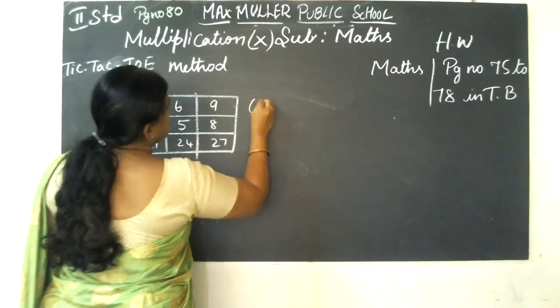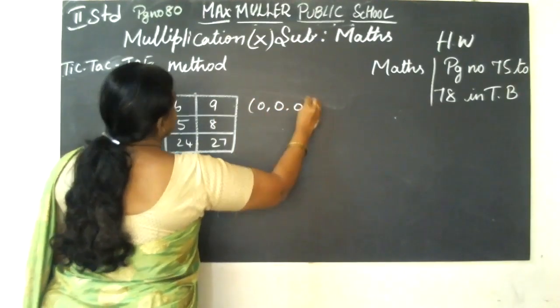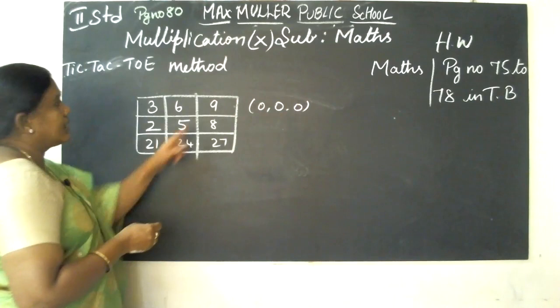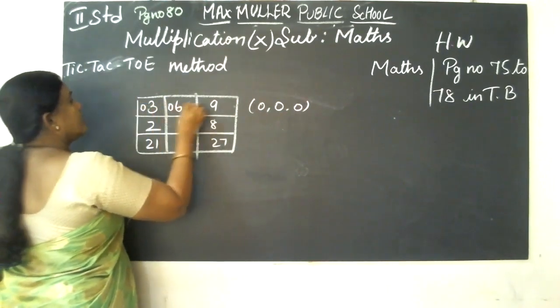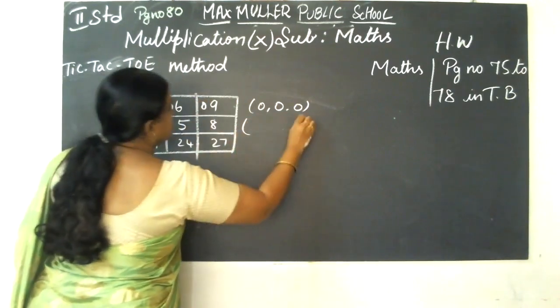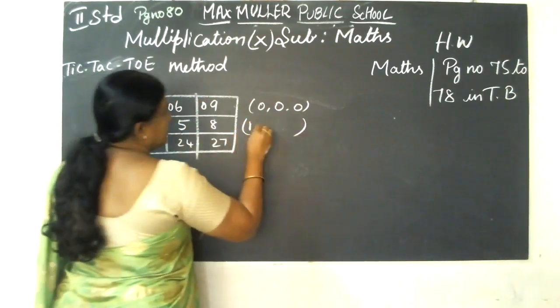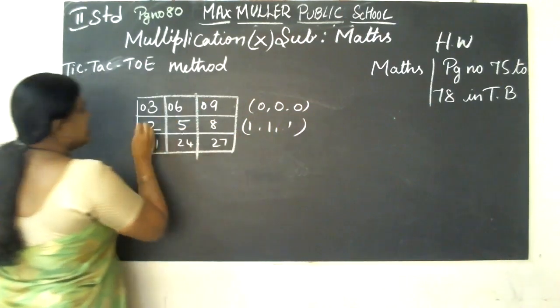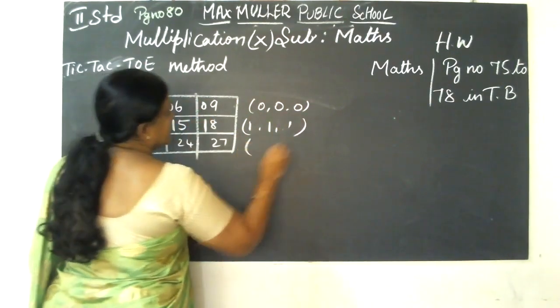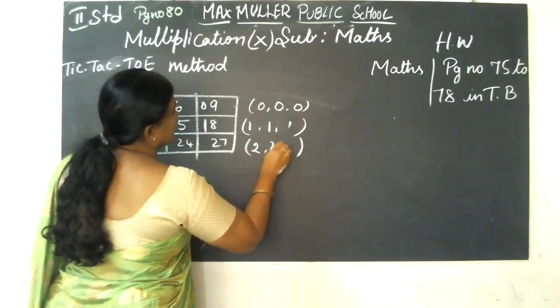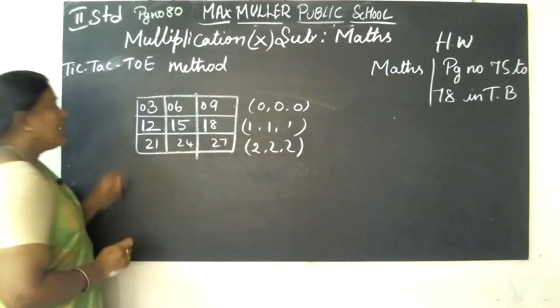In this you want to join 0, 0, 0 before the digit, children. Before the digit you want to write 0, 0, 0. In the second column you want to write 1, 1, 1 before the digit. Before the digit you want to write 2, 2, 2. Already we have written, no. Now say the tables.